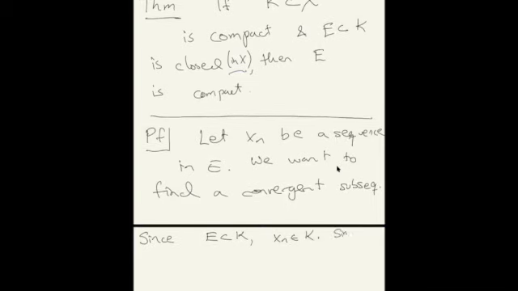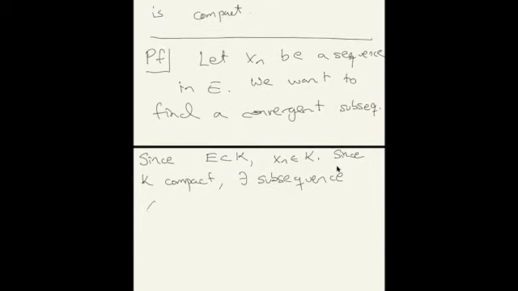Now, since K is compact, then there exists a subsequence, x_{n_k} in K, that converges to some x that is in K. The point x, we know that it lies in K because K is compact.